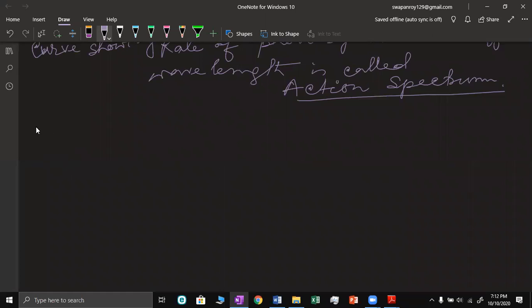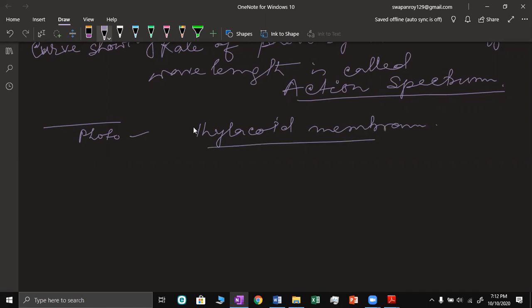Now, in the previous class I told that photosynthetic pigments are located in the thylakoid membrane. One pigment alone cannot carry out the actual reaction of photosynthesis.